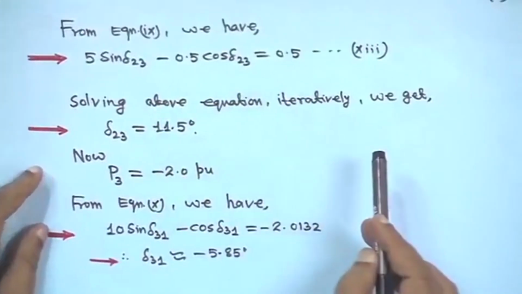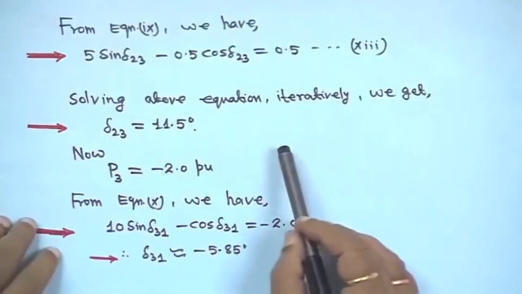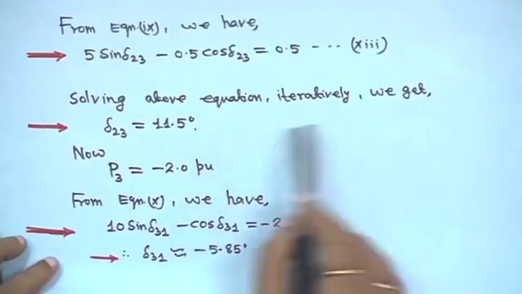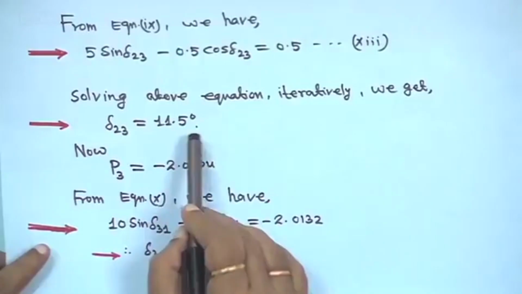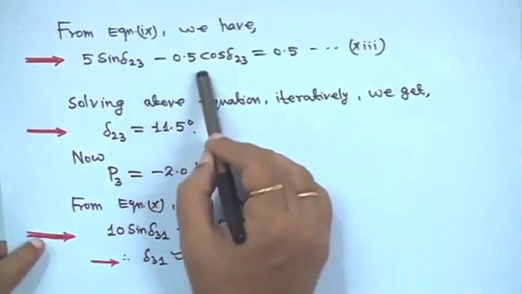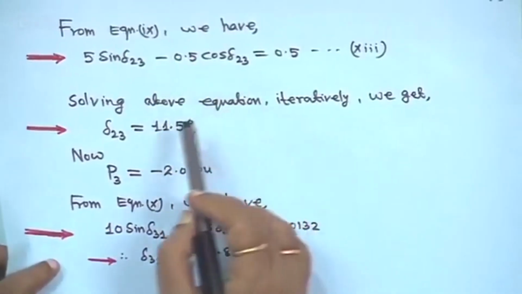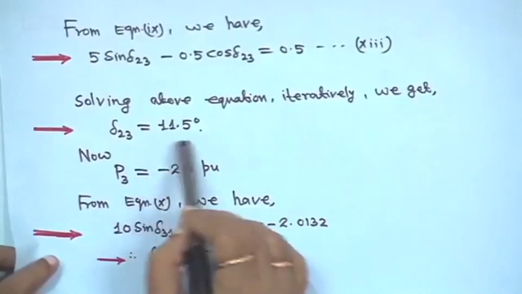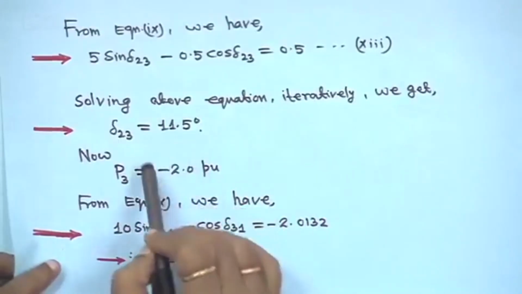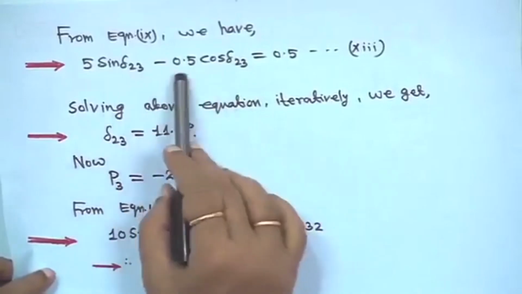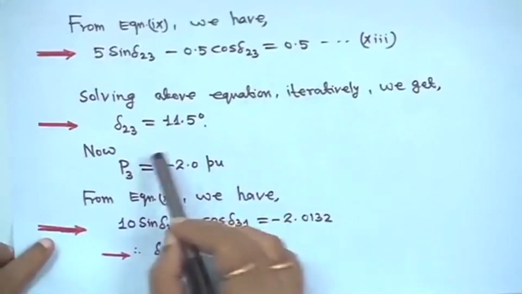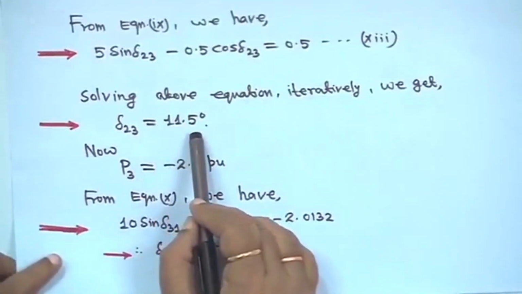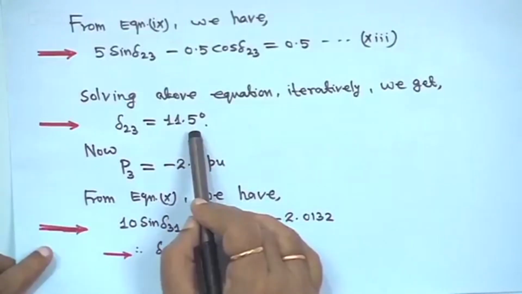This is a nonlinear equation, right. Solving the above equation iteratively, we get δ23 as 11.5 degrees. Actually, I have made some trial and error, and some from intuition, I choose a value such that the left hand side and right hand side of this equation are satisfied. So, δ23 is approximately 11.5 degrees, right.